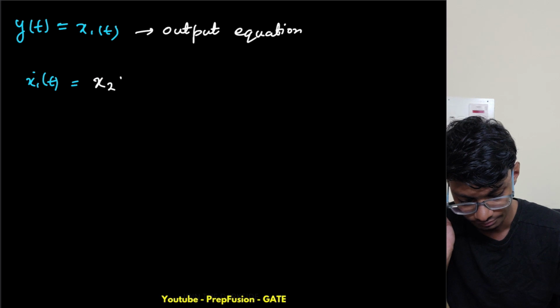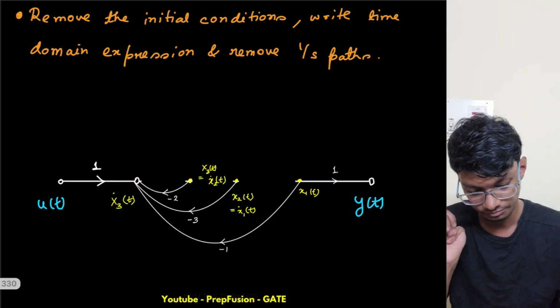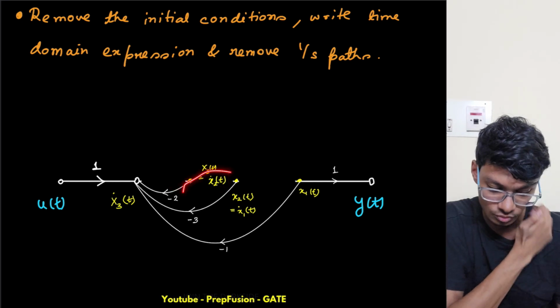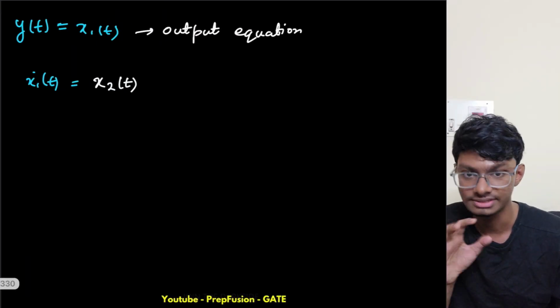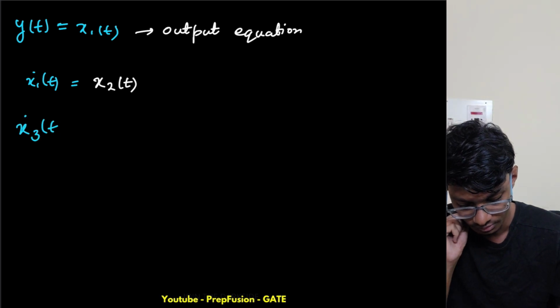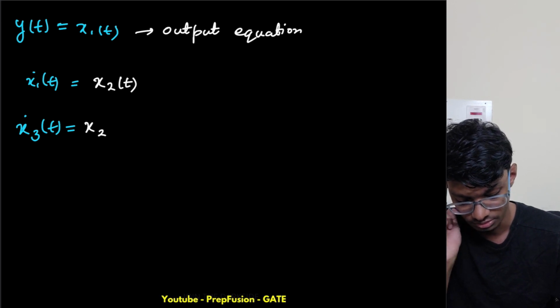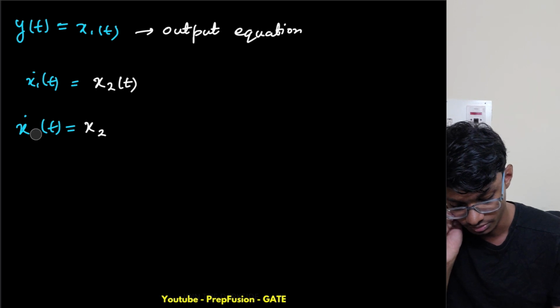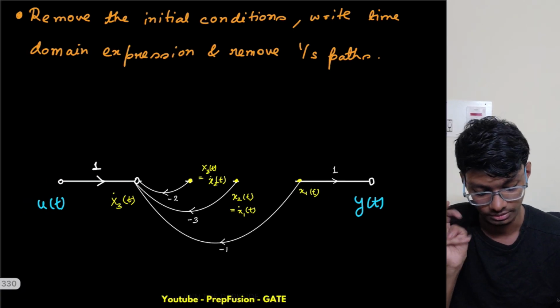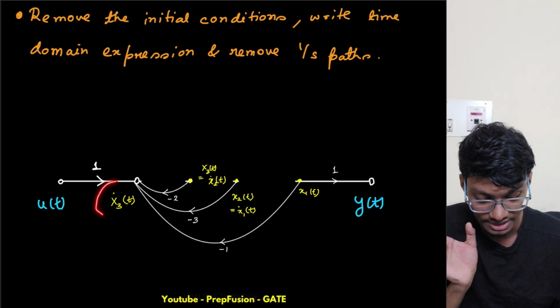Again, I can simply write x2 dot of t equals x3 of t, as nothing else is incoming. So x2 dot of t equals x3 of t.